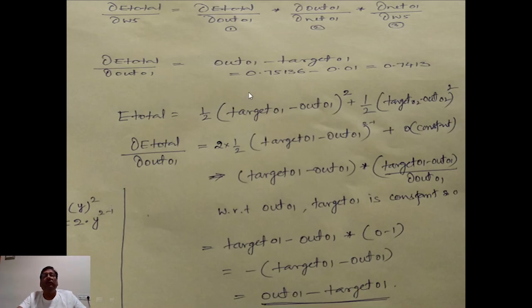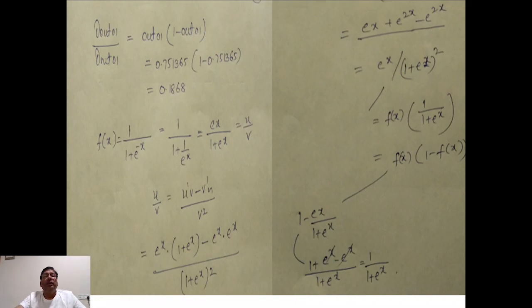Now the next step that we need to do is the partial derivative of out O1 with respect to net O1, which we are supposed to calculate. So out O1 with respect to net O1, we can write as out O1 into 1 minus out O1. Now again a question, how have we generated this?